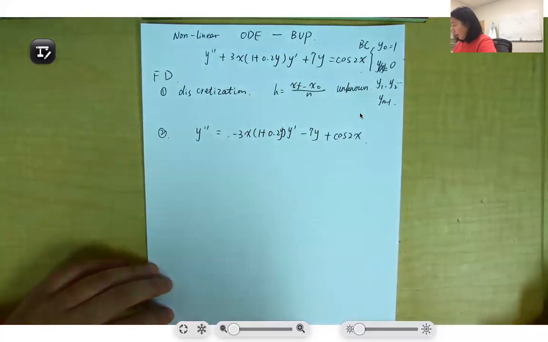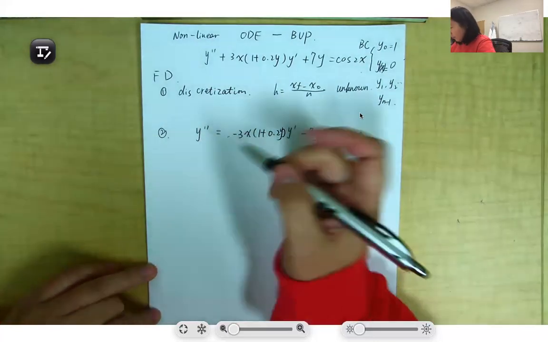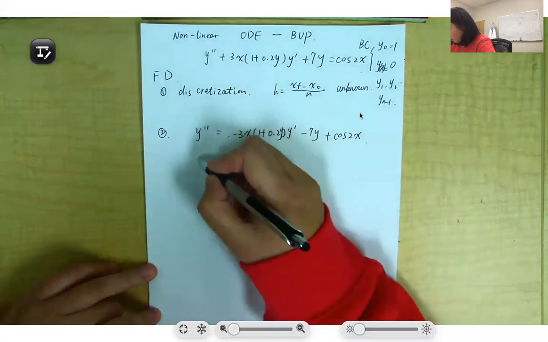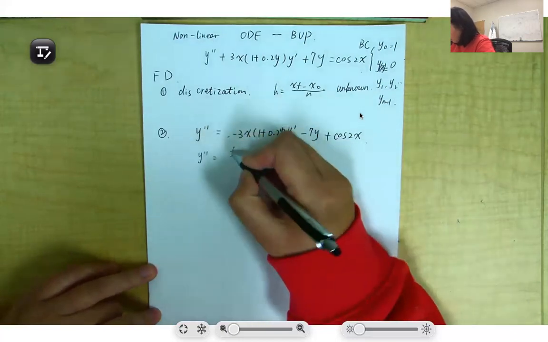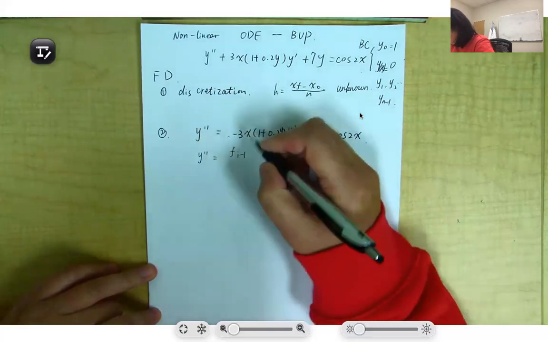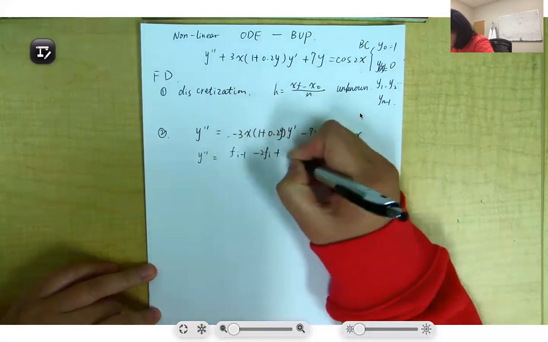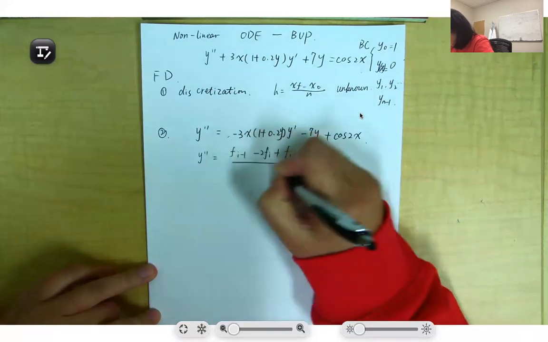And y double prime can also equal yi minus 1 minus 2yi plus yi plus 1 divided by h squared.